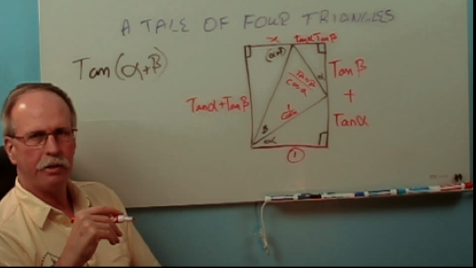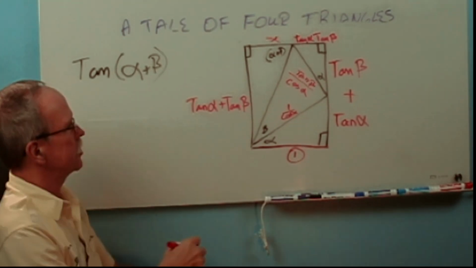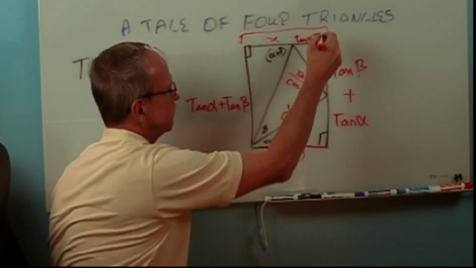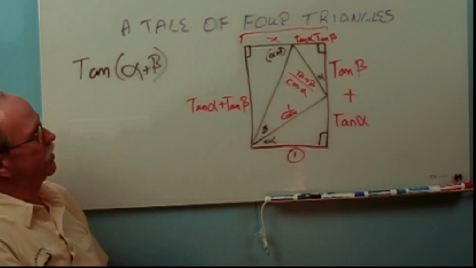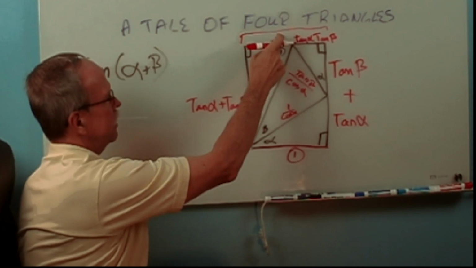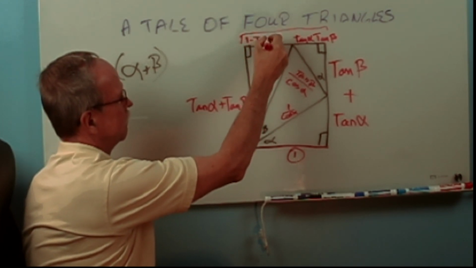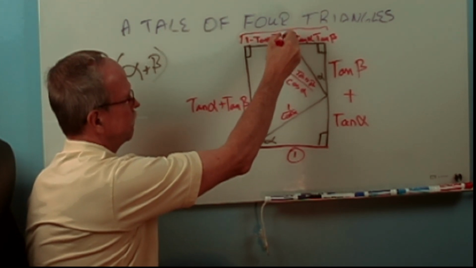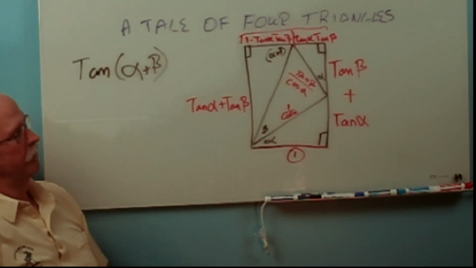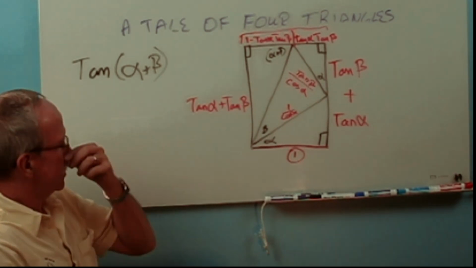Well, I don't know about you guys, but I'm tired of doing all this trig. Since this is 1, and that's tangent alpha times tangent beta, I'm just going to say that this side right here is 1 minus tangent alpha tangent beta. Now we're done. Why are we done, do you say?